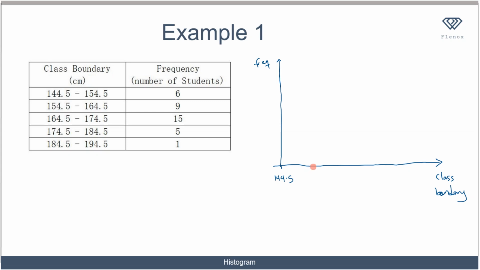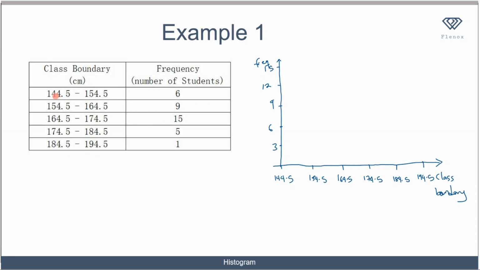Then I move to 154.5, then 164.5, 174.5, 184.5, and 194.5. For my frequencies, I'm just going to label and use an axis scale of 3. So I have 3, 6, 9, 12, and 15.